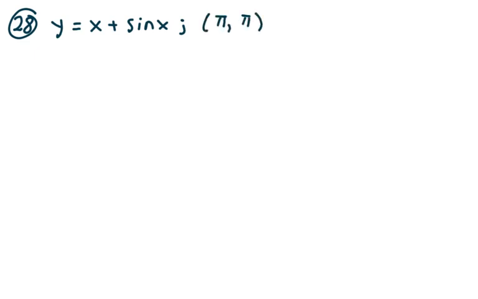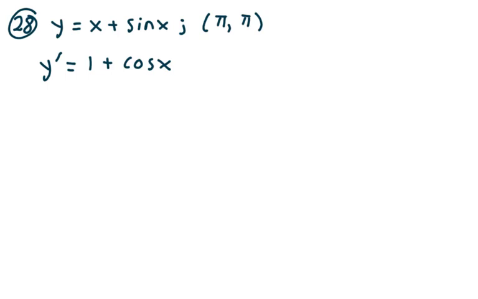If we take a look at problem 28, suppose y equals x plus sine x. And the point here is pi, pi. Y prime is 1 plus cosine x, right? The derivative of x is 1.